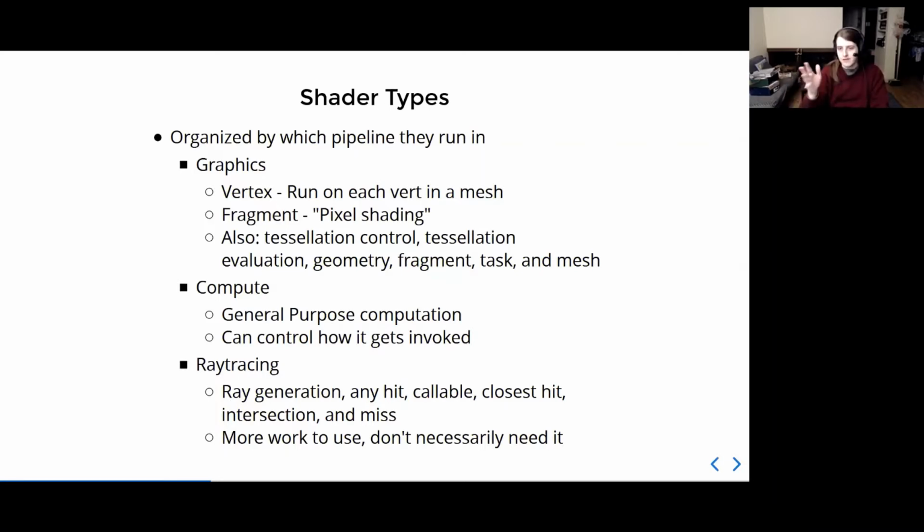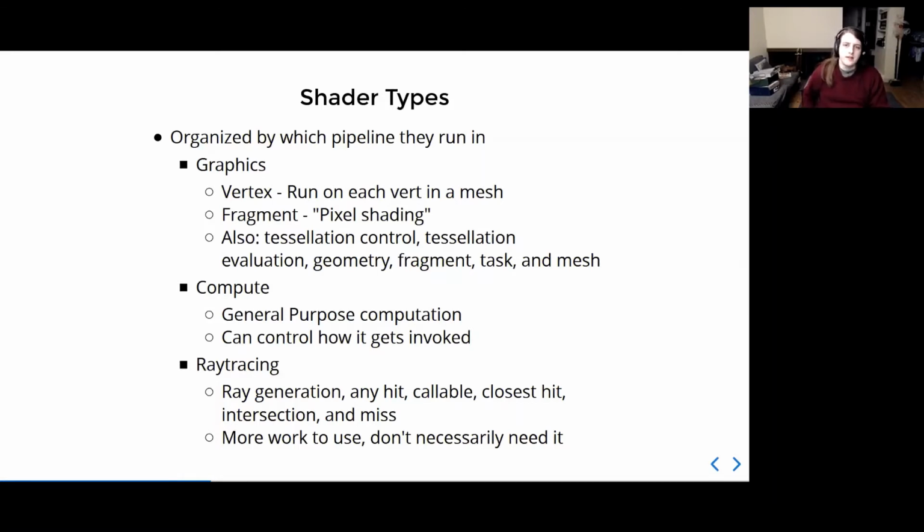Any hit would be, it doesn't matter what you hit, and intersection for when you hit something. Closest hit is the closest thing you've hit. All these different shaders get bundled together into a shader binding table, a group of shaders that, when run together, ray trace the scene. We're not going to be using those in this tutorial, though there is an additional chapter describing it.